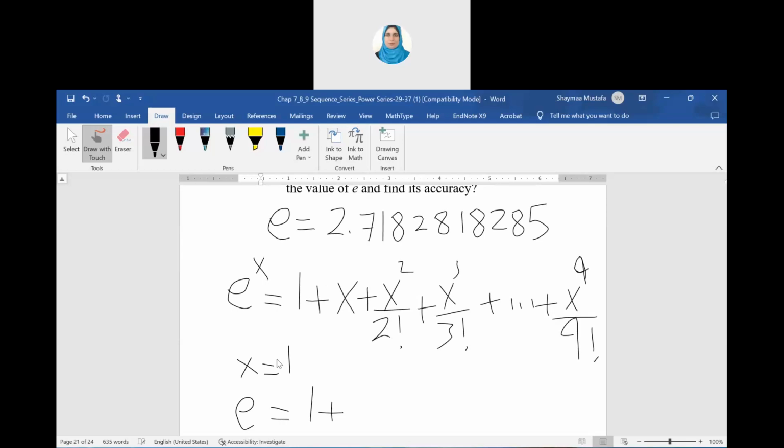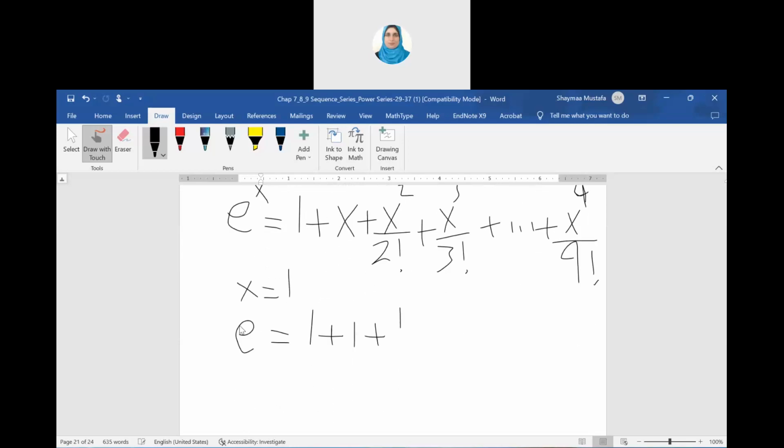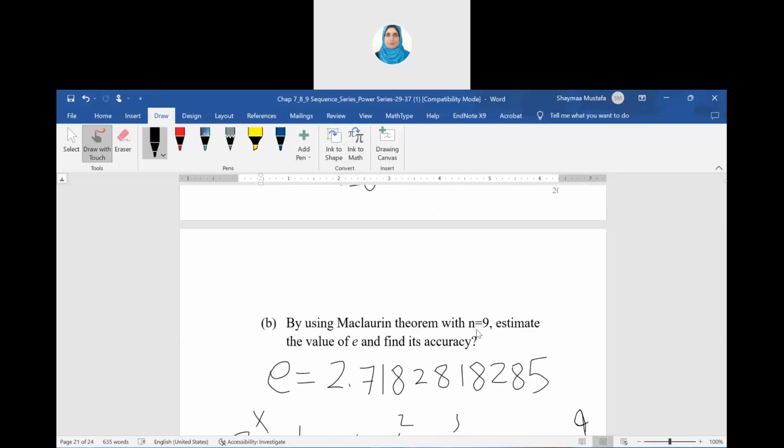So 1 plus 1 plus 1 over 2 factorial plus 1 over 3 factorial until you reach 1 over 9 factorial, because the question asks us to use 9 terms, that is n equal to 9.